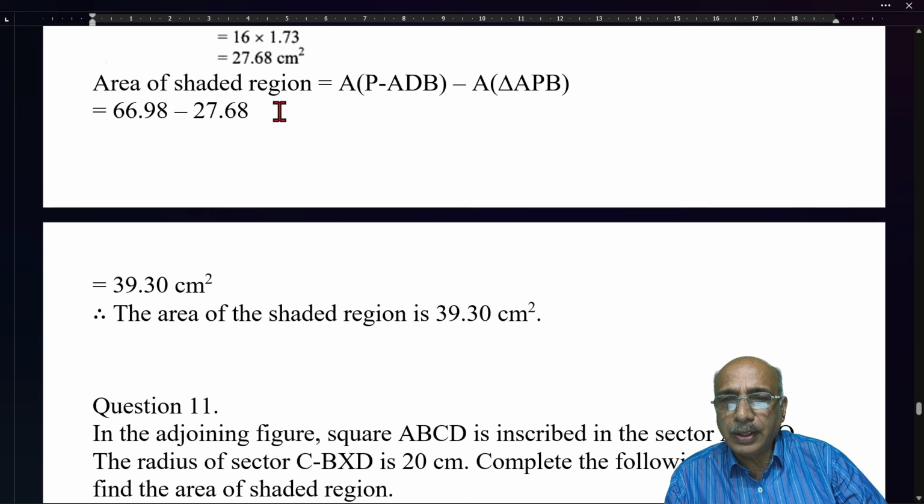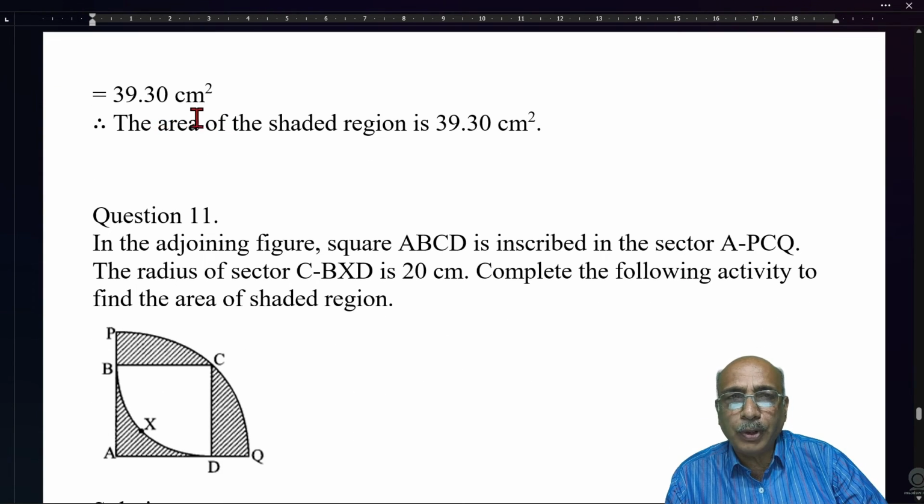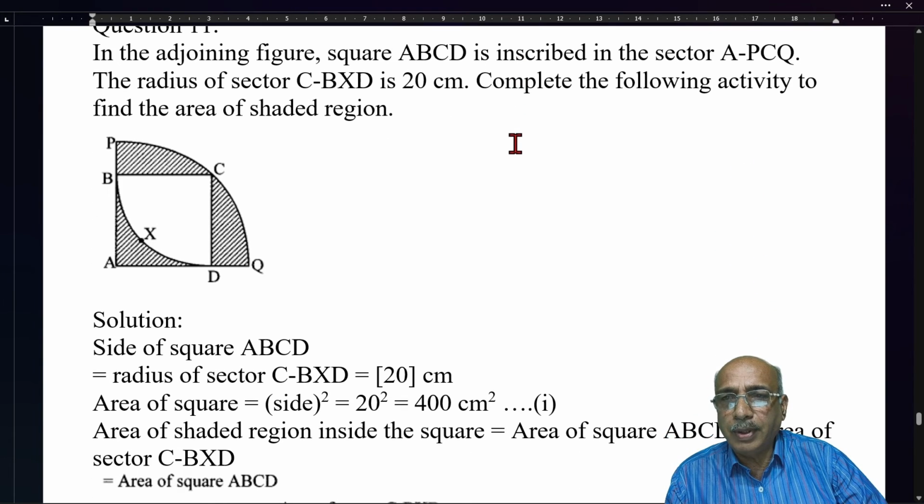Area of shaded region equals area of sector P'ADB minus area of triangle APB, that is 66.98 minus 27.68 equals 39.30 centimeter square. Therefore, the area of the shaded region is 39.30 centimeter square.